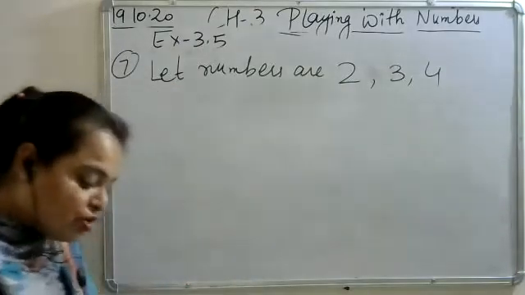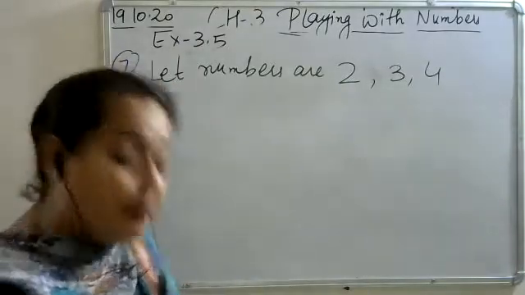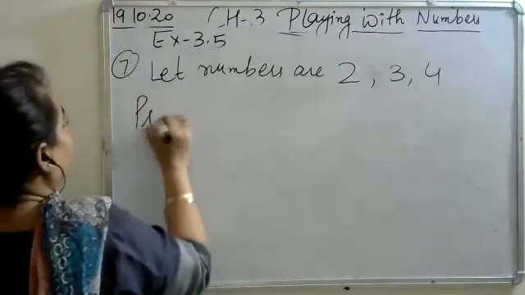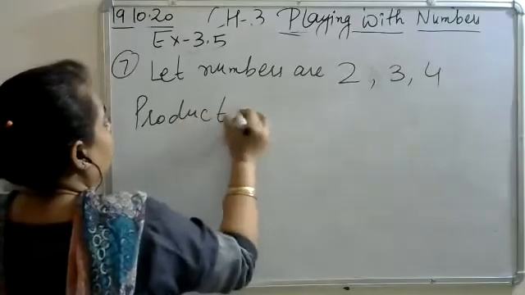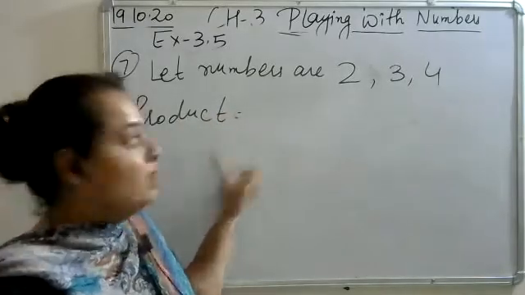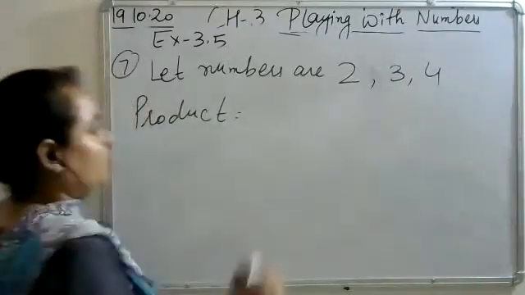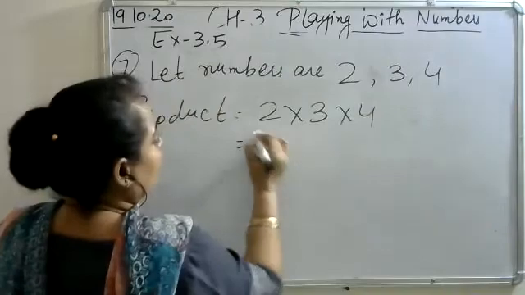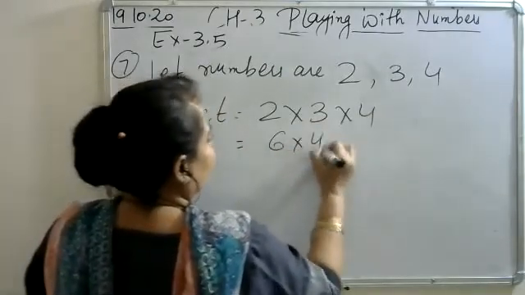Now the question is to find the product. The word product stands for multiplication. So find out the multiplication: 2 multiplied by 3 multiplied by 4, and you will get 24.